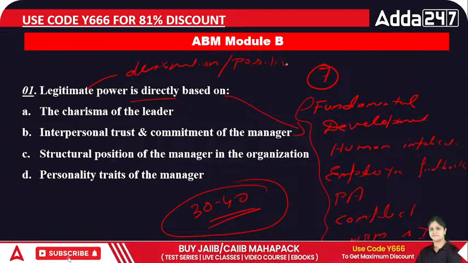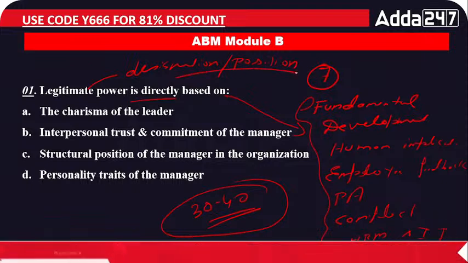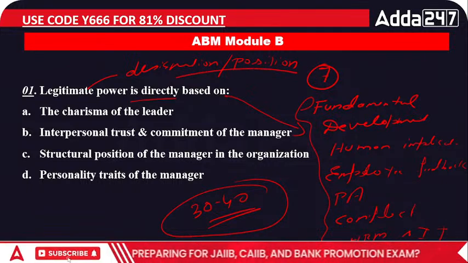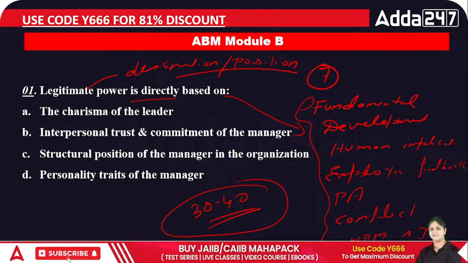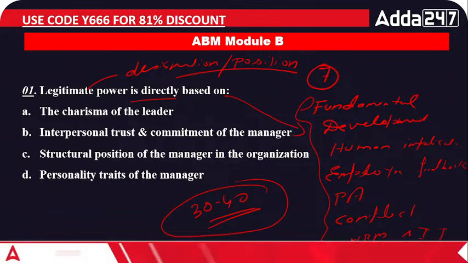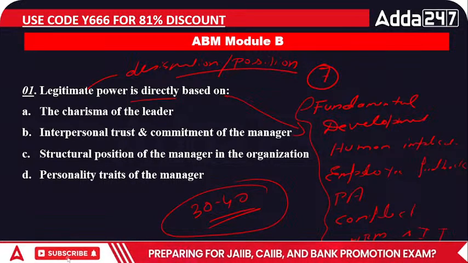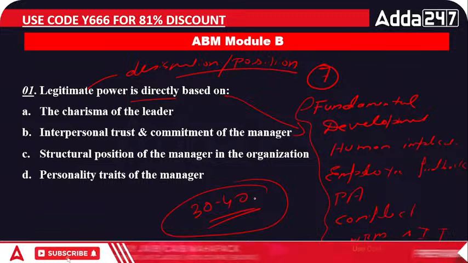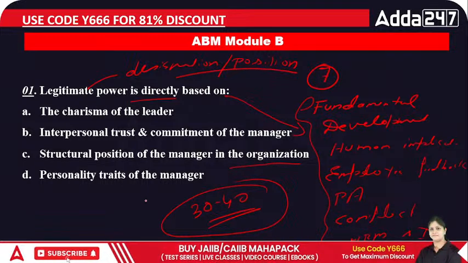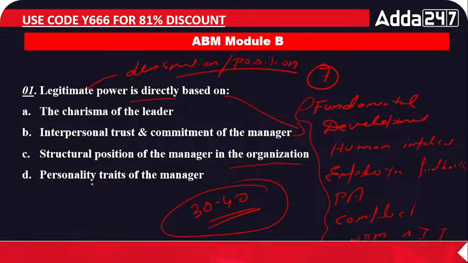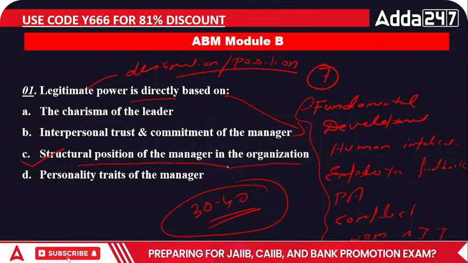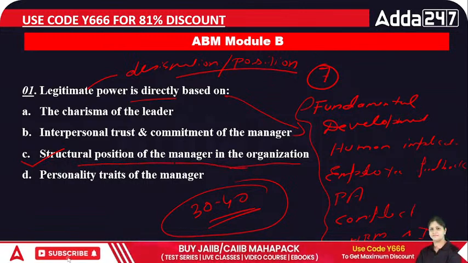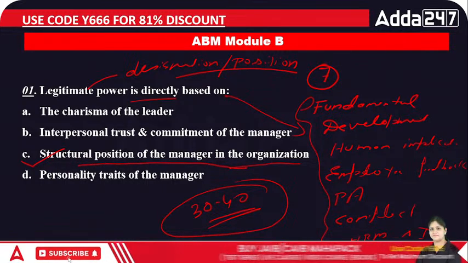So legitimate power is directly based on: first option, the charisma of the leader; second, interpersonal trust and commitment of the manager; third, structural position of the manager in the organization; fourth, personality trait of the manager. So the right answer is C, structural position of the manager in the organization. The right answer is basically the third one, right?